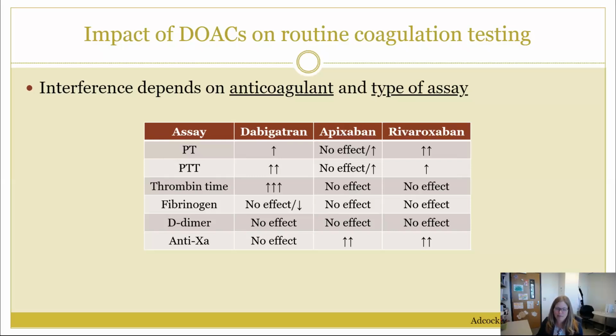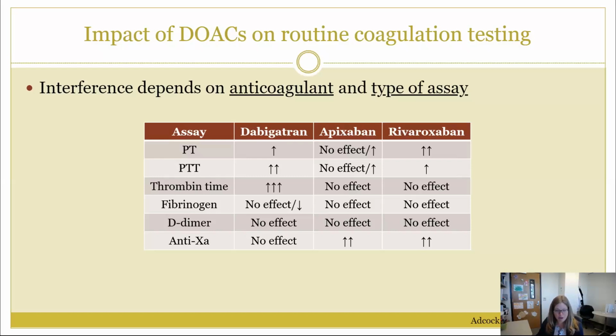Now, the thrombin time is very sensitive to any inhibitors of thrombin. So that could be unfractionated heparin. It could also be dabigatran. It is extremely sensitive to dabigatran, but it is not affected by apixaban or rivaroxaban or any of the direct 10A inhibitors. Fibrinogen is mostly not affected by any of the DOACs. Unless you have a ton of dabigatran around, it will not affect fibrinogen.